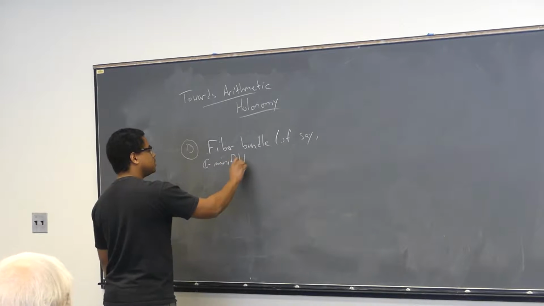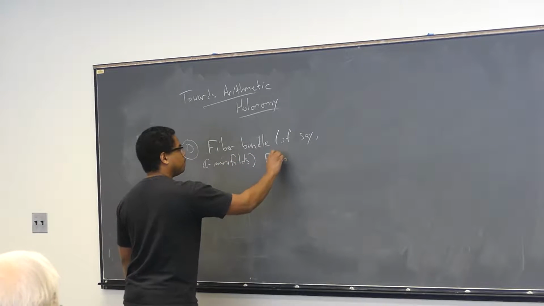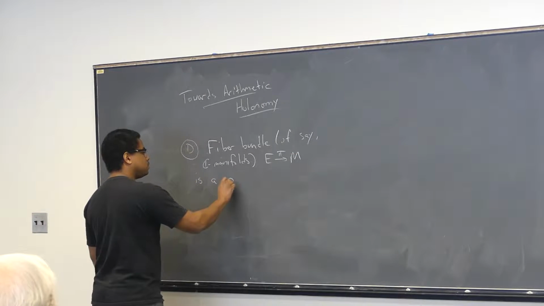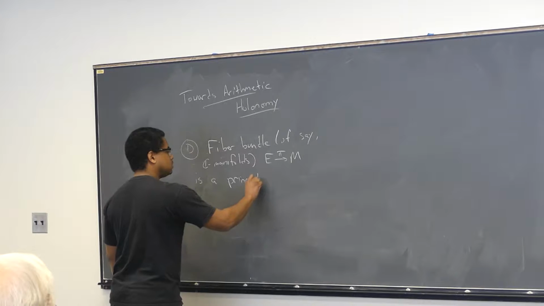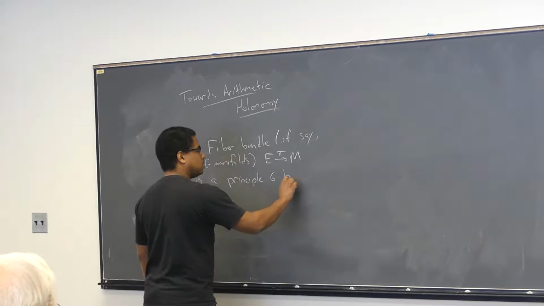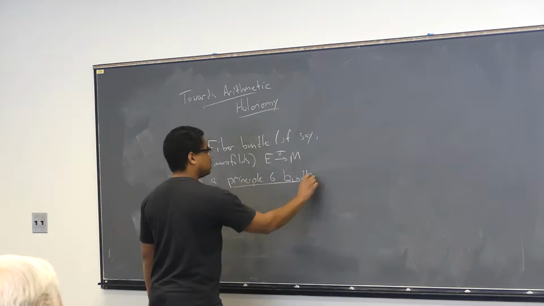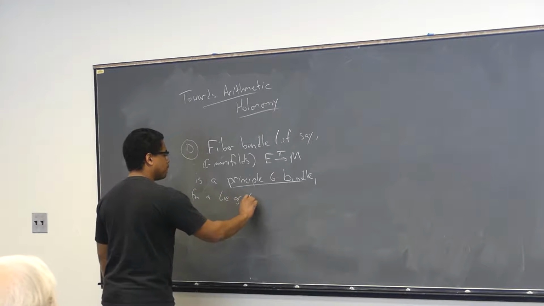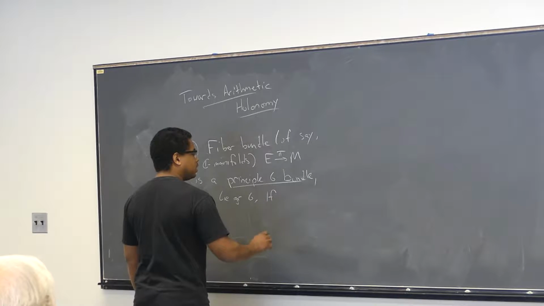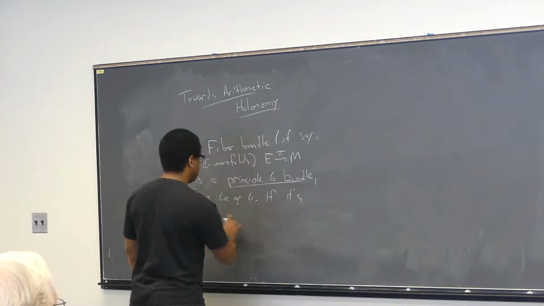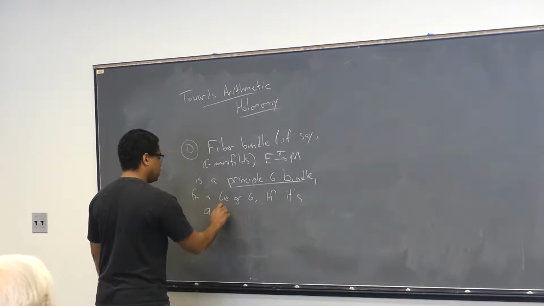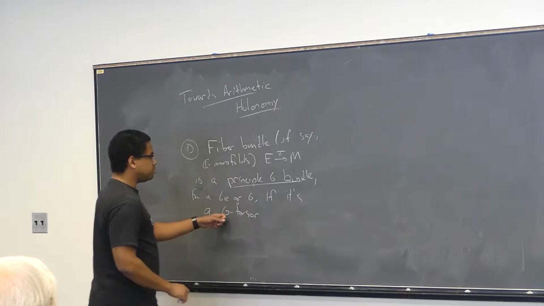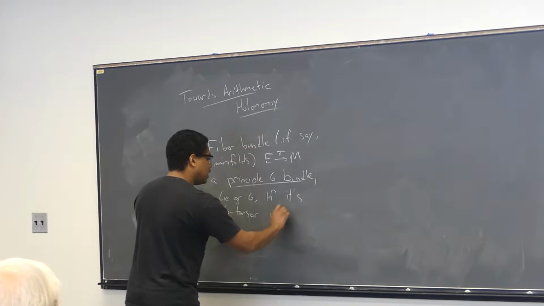Complex manifolds, is a principal G bundle, for, say, a Lie group G. It's a G torsor, so it's a principal homogeneous space with respect to right action.